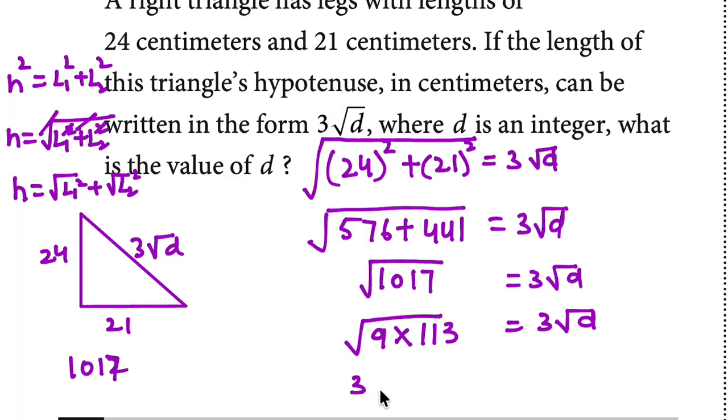This 9 will come out as 3, and that is 3 root d. So I have saved a lot of time here, just by using the hint given by 3 root d. So the value of d is 113.